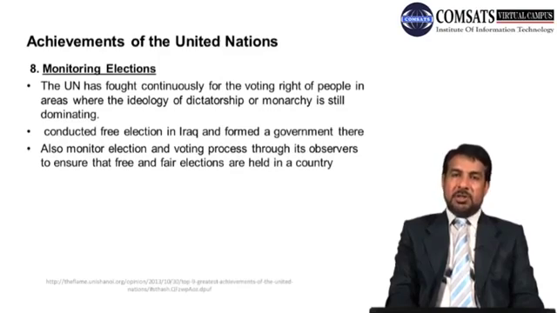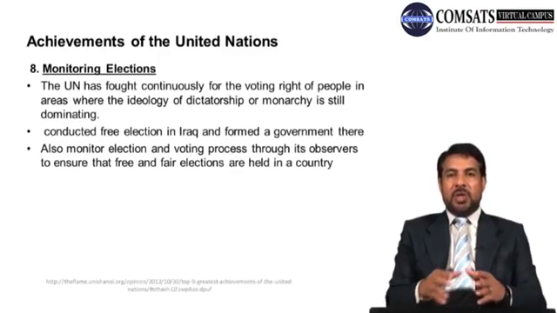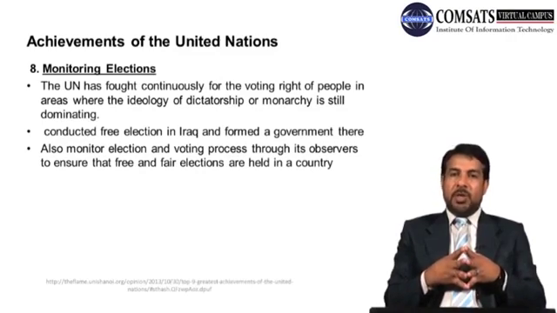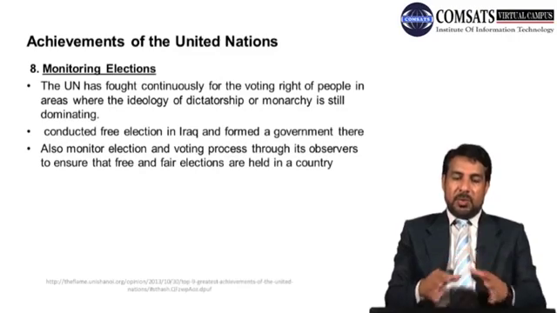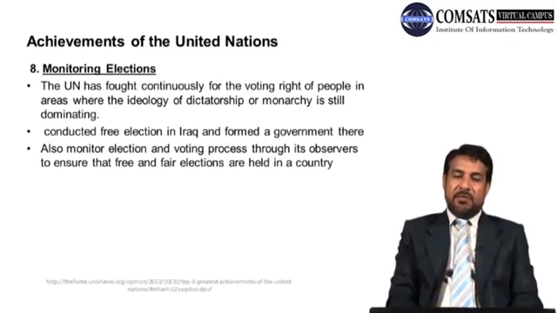It also monitors the elections कि जो elections हो रहे हैं किसी country में तो वो free और fair हों और उसमें कोई corruption ना हो, उसमें कोई धांधली ना हो. It has conducted free elections in Iraq and formed a government there. तो जिस तरह इराक में there was a dictatorial government, there was the autocratic government of Saddam Hussein.